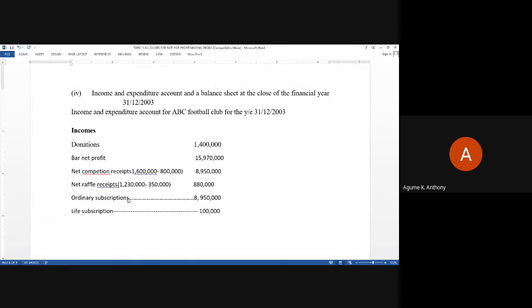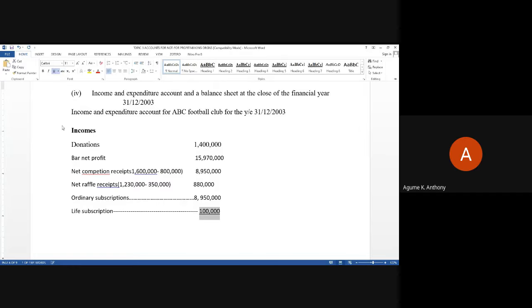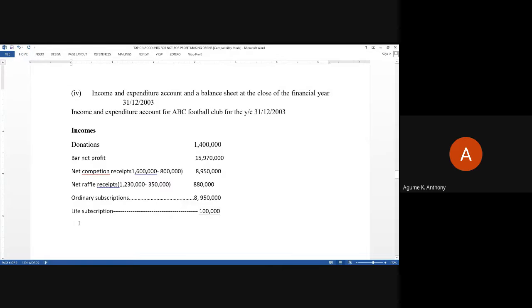Then when you add your total income, in this case, total income is 28,100,000.